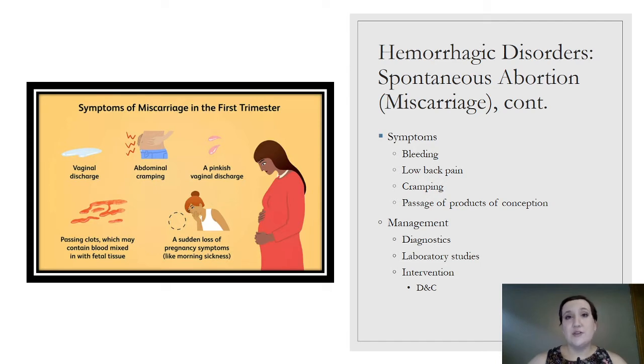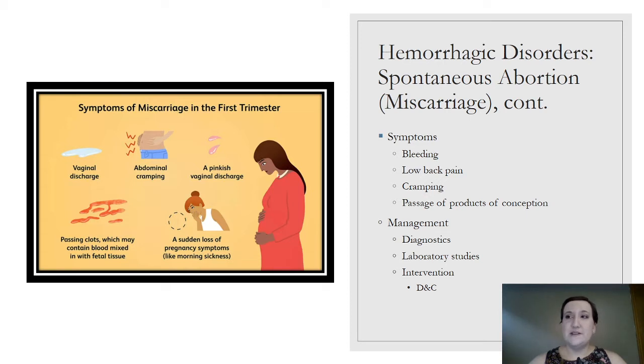So there are two different ways. They can go in and do a suction D&C, which is the dilatation and curettage, or they can actually go in and scrape it with that D&C. Suction D&C is the one that you're going to see most frequently now. A few old school providers might actually do the tool D&C.